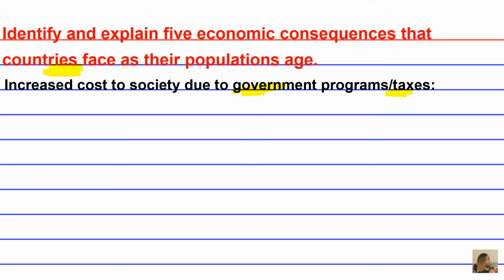I'll give you a moment to think. Well, there's medical care, government housing, accessibility to various resources, and pension plans that people contributed to while they were working, as well as government pension.